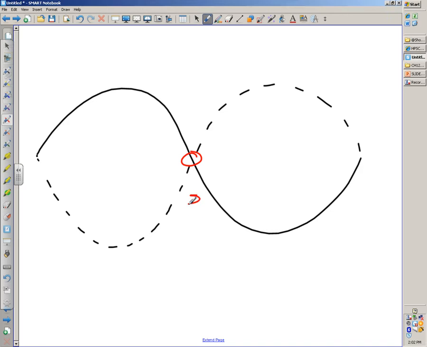So nodes are where destructive interference occurs. It just so happens in a standing wave that the waves going down this way interfere with the waves coming back this way, and the destructive interference always happens at the same point. That's why the medium doesn't move, and that's what we call a node.